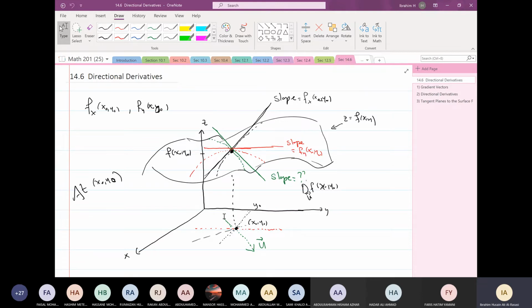When I move along the direction of the vector u, I get a third curve, a third tangent, and get a slope. I continue the same thing because I can move in infinitely many directions. And in each case, I have a curve, then a tangent, then a slope. So eventually, at a point x0, y0 here, I will have infinitely many tangents and so infinitely many slopes.